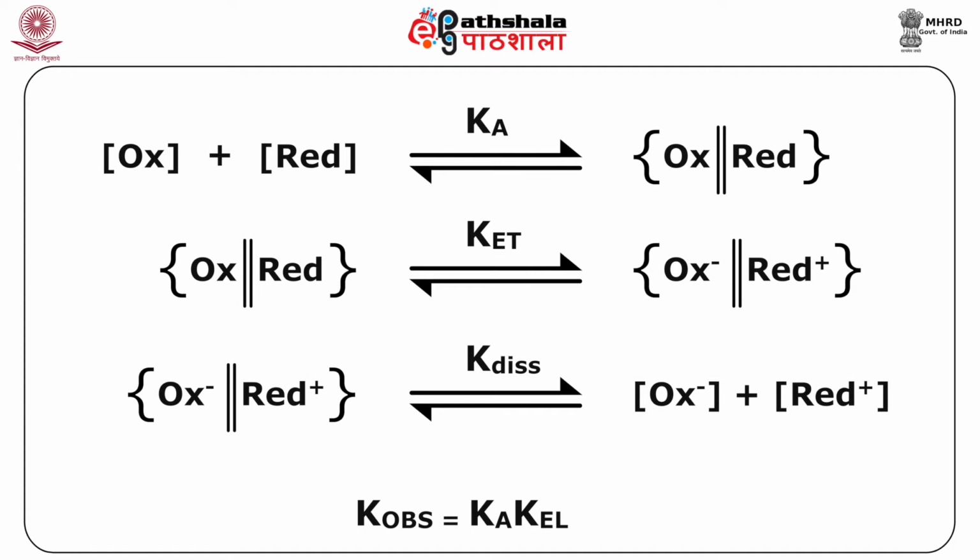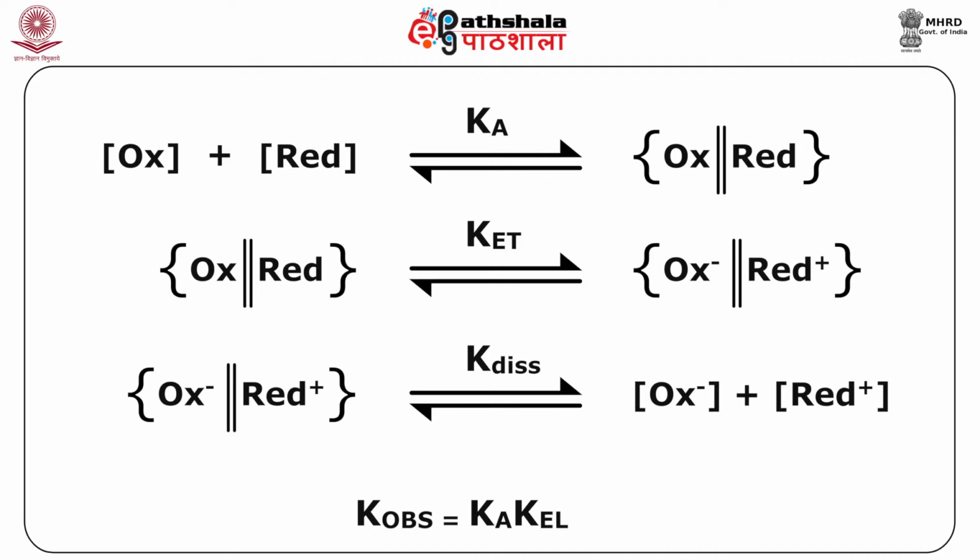So it is written as OX minus and RED plus. Now this oxidant minus and reductant plus, which are close enough, dissociate, and after dissociation it forms oxidant negative plus reductant positive. So what is the overall equation?